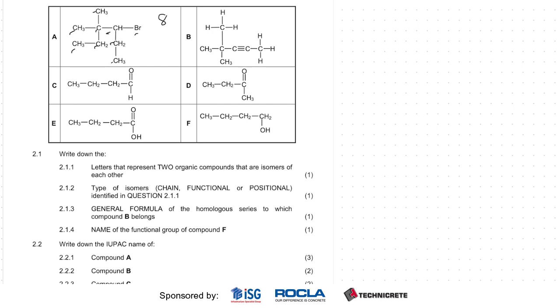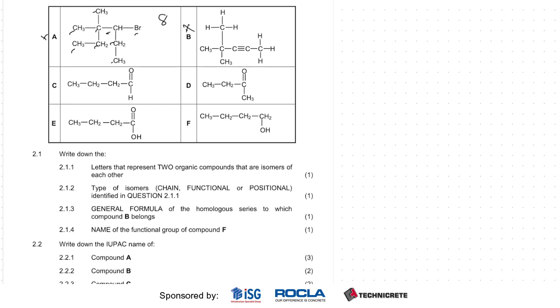And the thing is, there's nothing else here that has a bromine. So A isn't an isomer with anything. But now, you see, the problem is molecule B only has carbons and hydrogens. The other molecules have carbons, hydrogens, and oxygens. So B is not an isomer with anything.